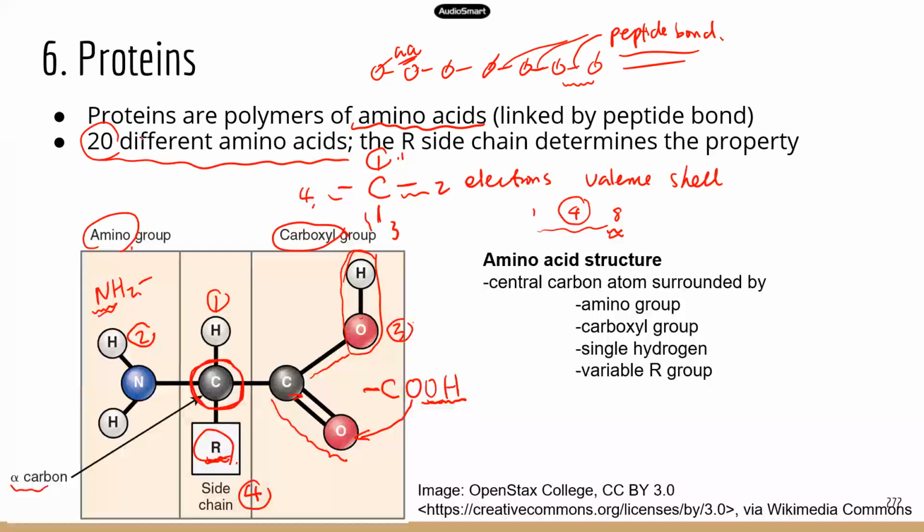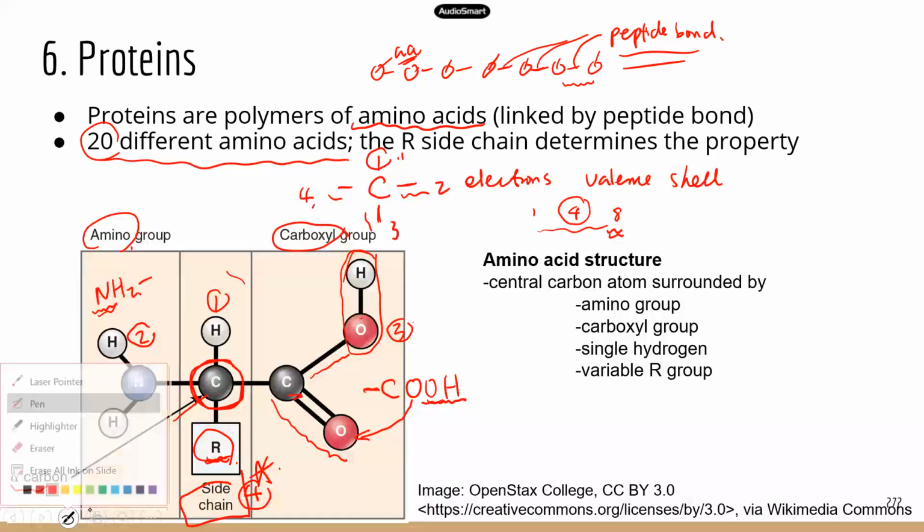The 20 amino acids only differ in the side chain. That's the only difference between those 20 amino acids. Everything else is the same. Everybody has a central carbon, and that central carbon has a covalent bond with 3 components. Let me use a different color.